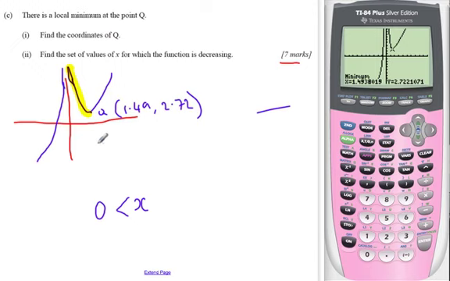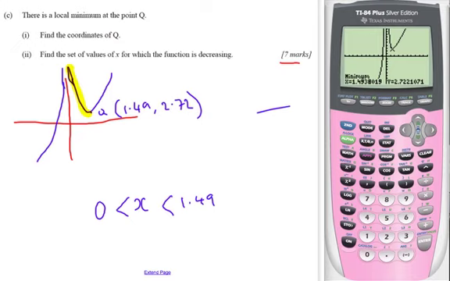But anything bigger than 0, up to point Q. The x coordinate of point Q was 1.49. So that's our answer. It doesn't matter for this one if we say the function is decreasing with an equal to on the upper bound, but the lower one is definitely just bigger than, not equal. Okay, 7 marks, that bit's done.